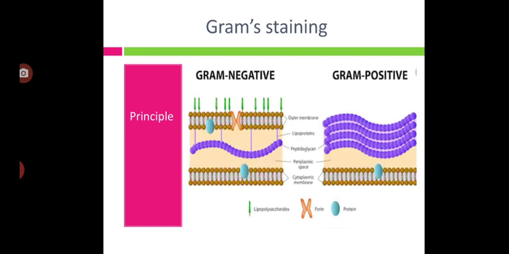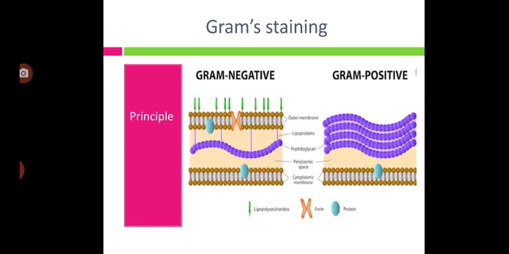As you can see here on the right side, the gram positive has a thick peptidoglycan layer, the purple or violet color here, while in the gram negative cell wall, the peptidoglycan layer is thin compared to the gram positive. Other than that, the gram negative bacteria has an outer membrane of lipoprotein on the cell wall.